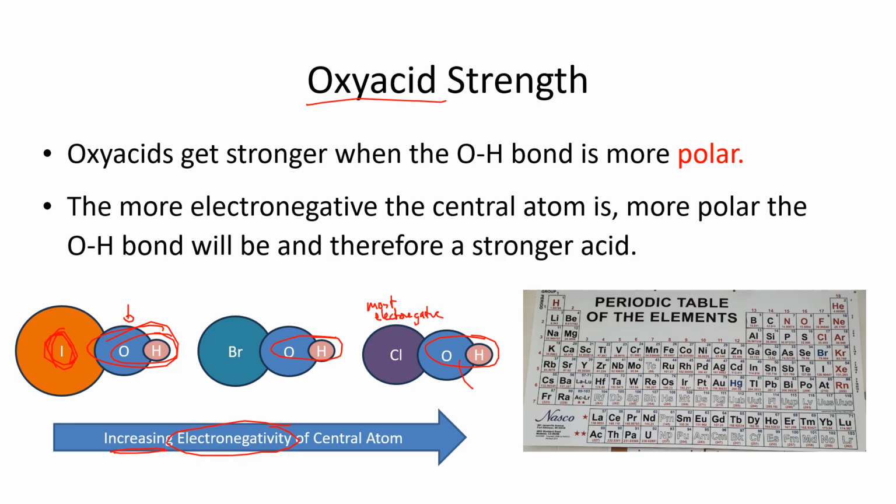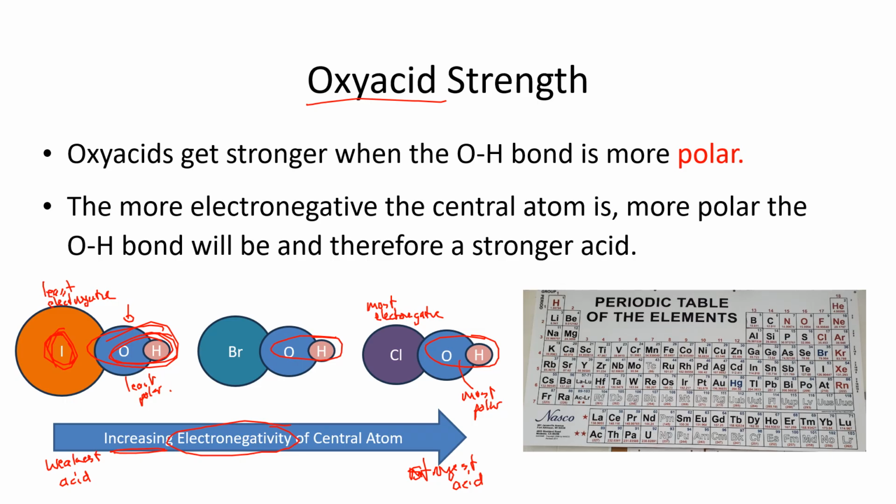And that means this bond will therefore be the most polar, which means this is going to be your strongest acid. And over here you have the least electronegative of the bunch, which makes this bond the least polar of this bunch, which makes this the weakest acid of this bunch, right?